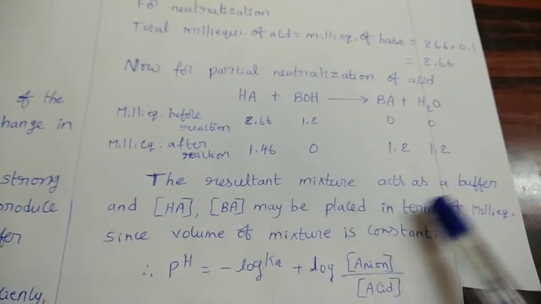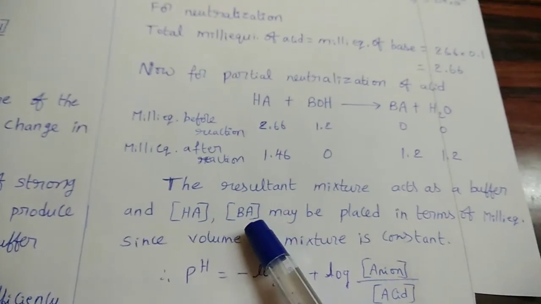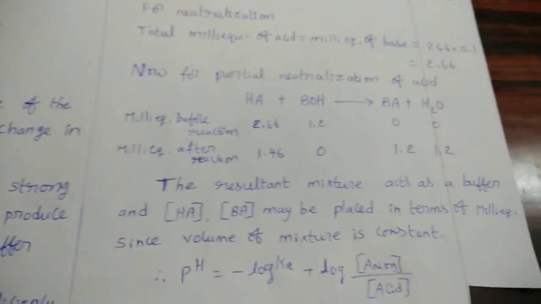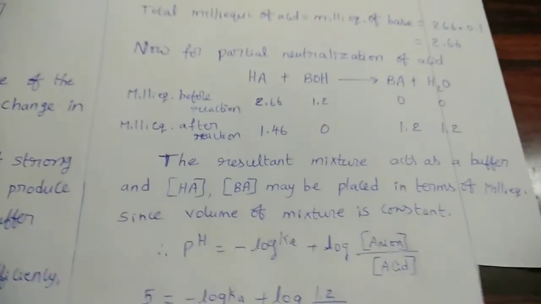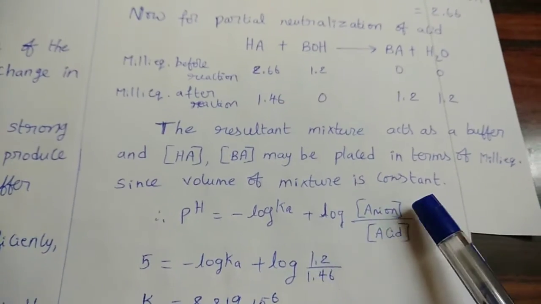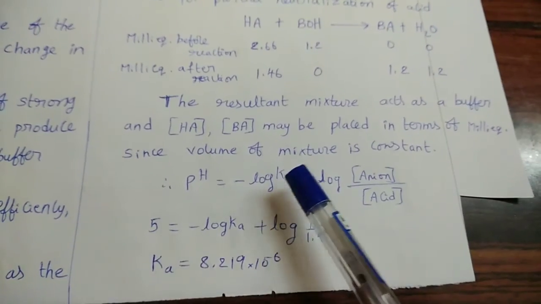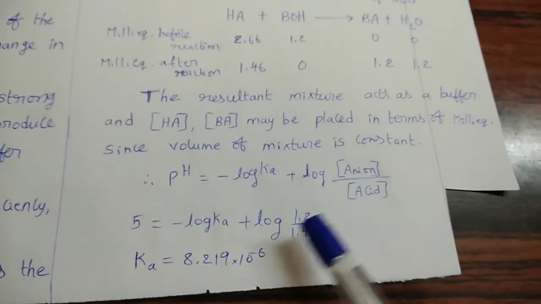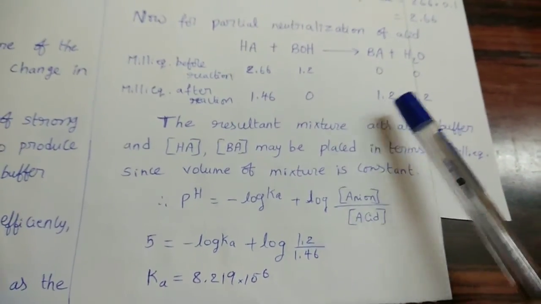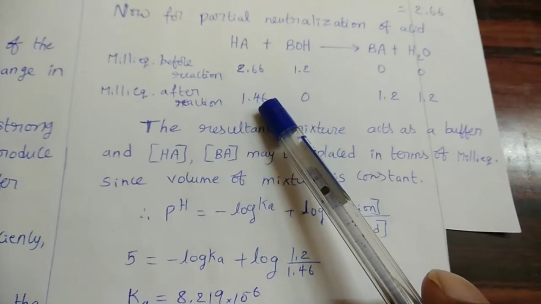Here the resultant mixture acts as a buffer, and the HA concentration and salt concentration may be placed in terms of milli equivalents, since the volume is constant. So the pH formula is pH equals minus log Ka plus log of anion concentration divided by acid concentration. pH is given, that is 5, and we should calculate the Ka value. The anion means the salt, 1.2, and the acid is 1.46 milli equivalents.